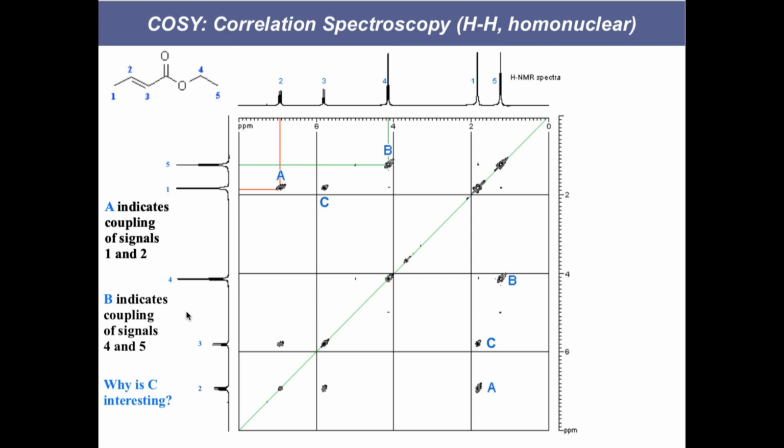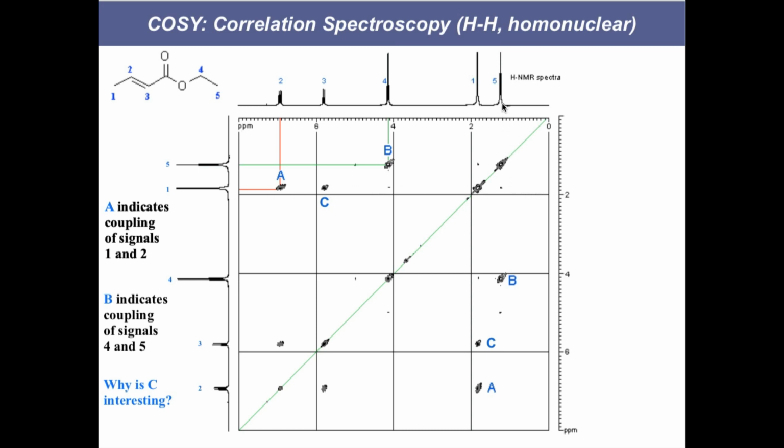And what we care about in 2D spectroscopy are where these different points intersect. Now notice that we've got a diagonal here, that we've got all these signals on the diagonal. Where 5 from our spectrum over here crosses with 5 from our spectrum over here, we get a signal. Where 1 over here crosses with 1 over here, we get a signal.